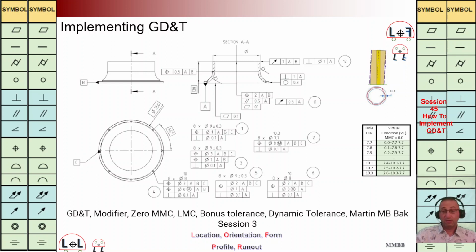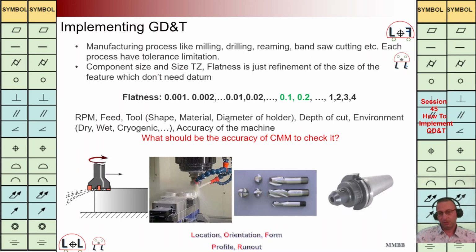In second step, we need to qualify these datum references. For A, we are going to consider flatness 0.1. We have talked about this value. 0.1 is applicable. We have talked about that in last session.